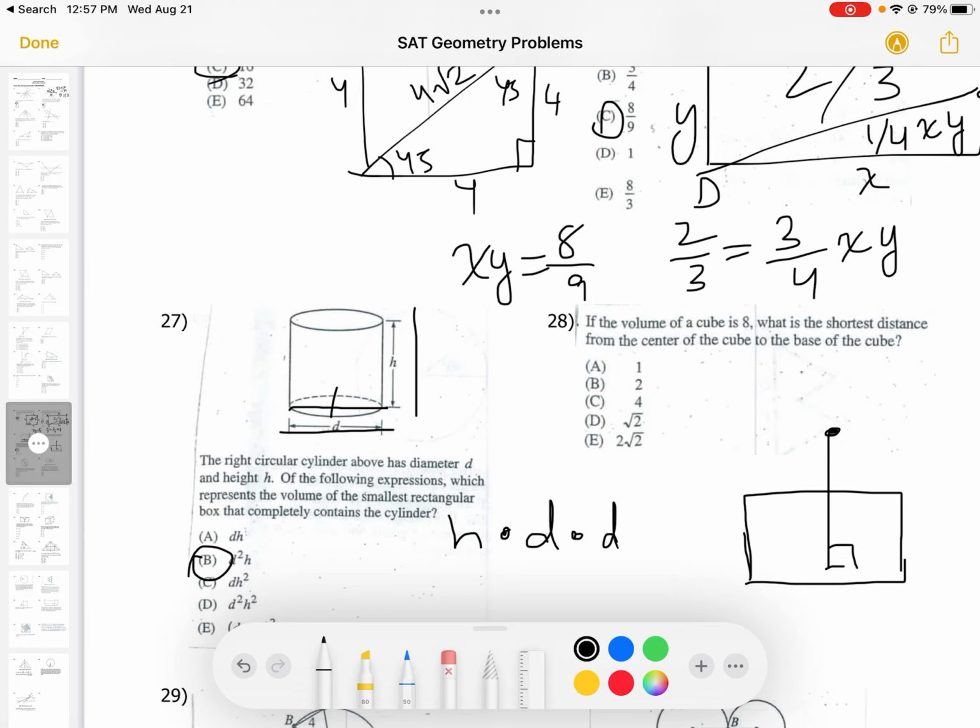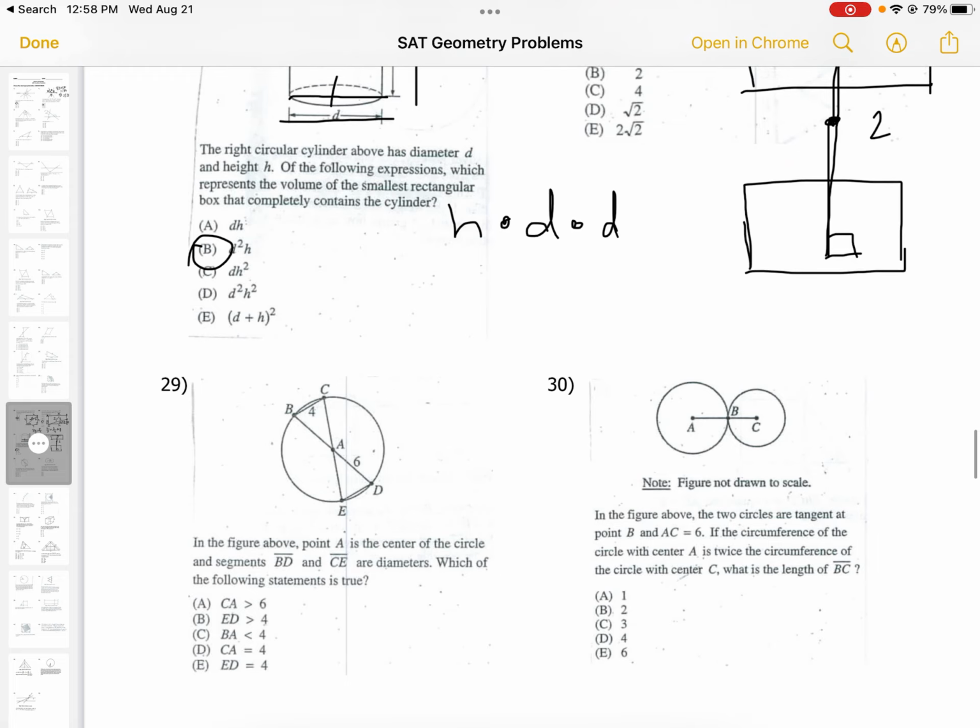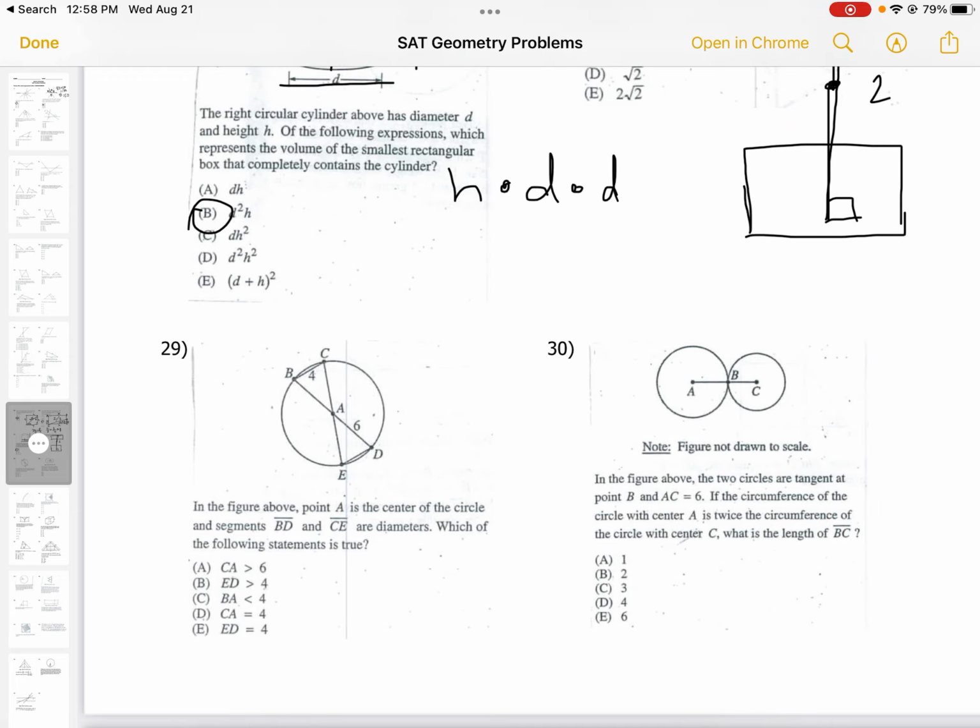Well, that'll always be a perpendicular segment, perpendicular to the base. And the center, if you draw the top face, is equidistant from both the top face and the bottom face. But this line segment is just equal to the height of the cube, and that's just 2. So our shortest distance is just 2 divided by 2, which is 1. So that's our answer.